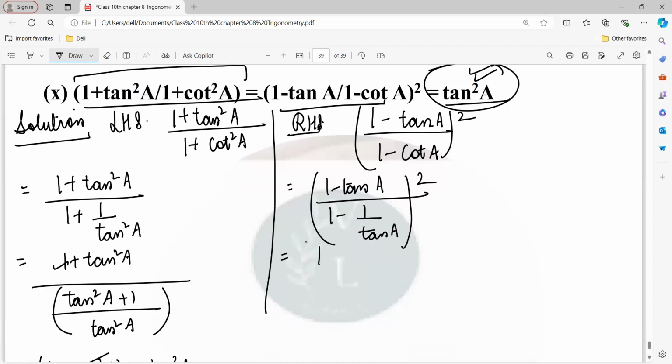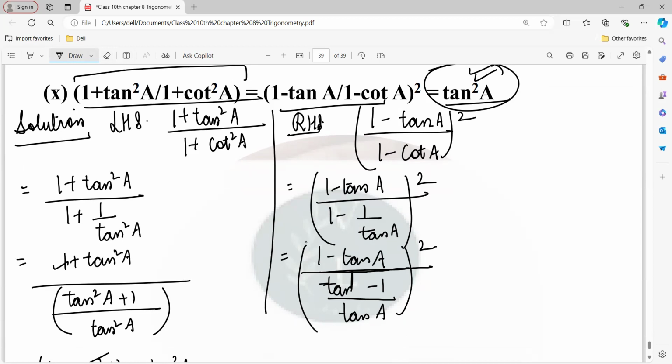We'll get 1 minus tan A upon (tan A minus 1) upon tan A. Let me write it neatly. So this is in the numerator and this is for the denominator, right?